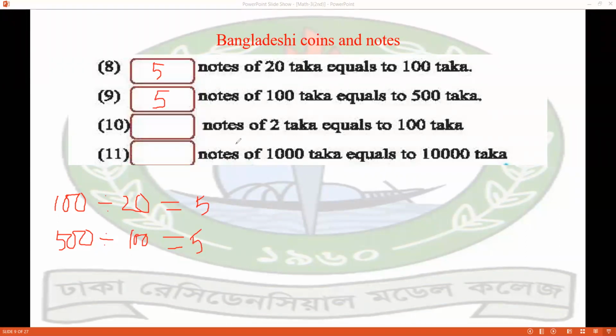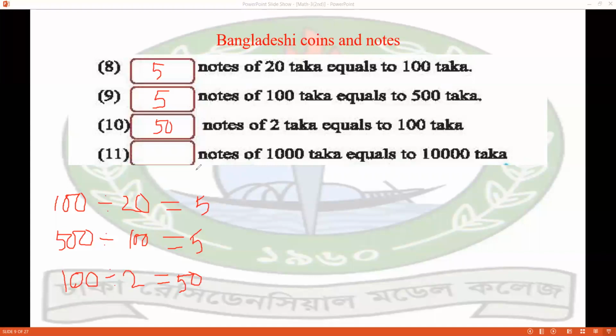How many notes of 2 taka is equal to 100 taka? So 100 division 2, we get the number of 50. Result 50. So here will be 50. 50 notes of 2 taka is equal to 100 taka.